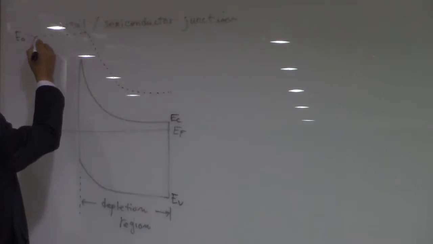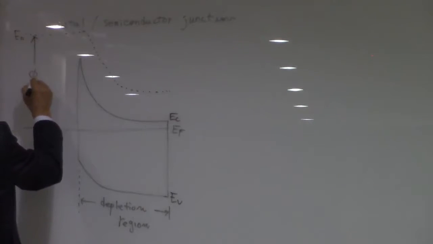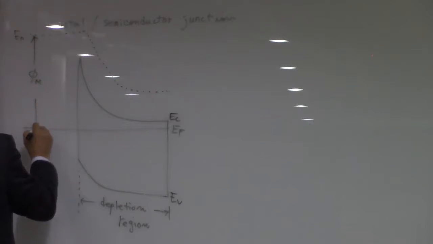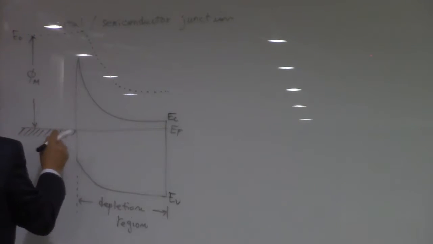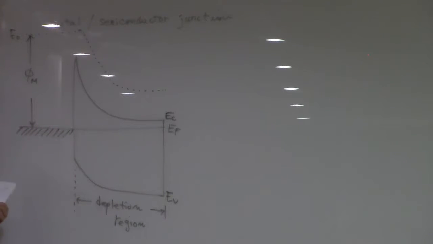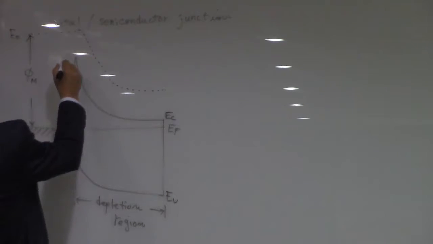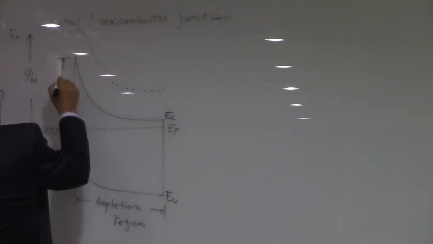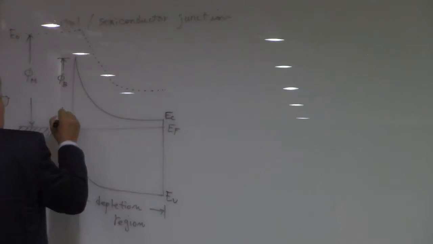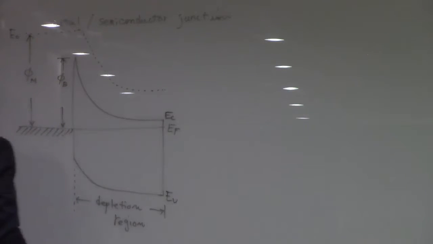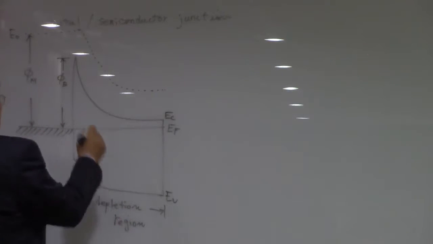And this energy is going to be called the work function. Basically in a metal, you have electrons up to the top of the Fermi energy, like this. And here, this is the energy barrier that we discussed last time.